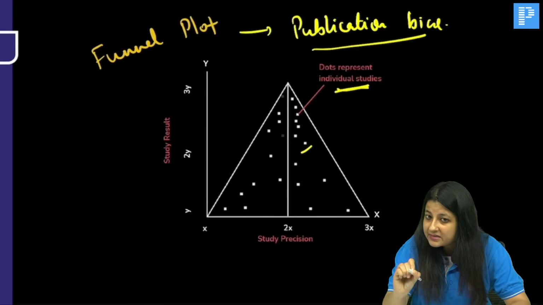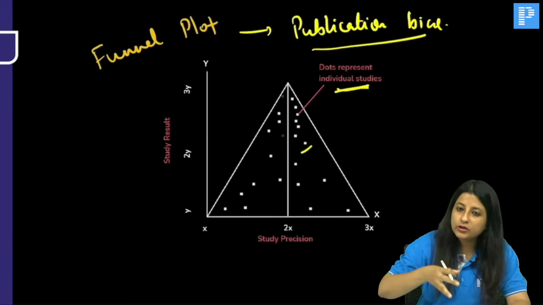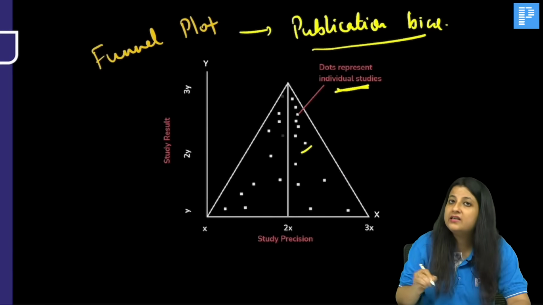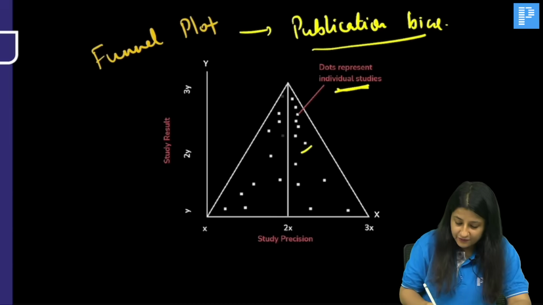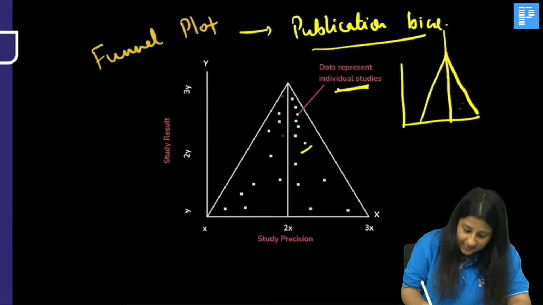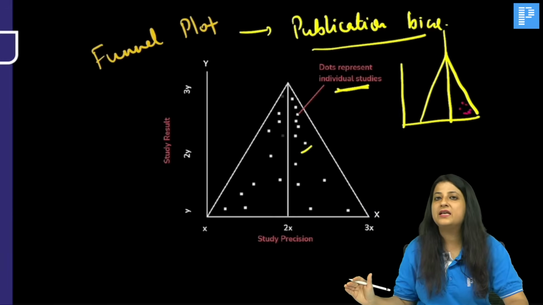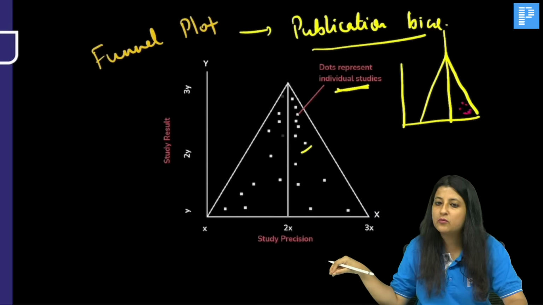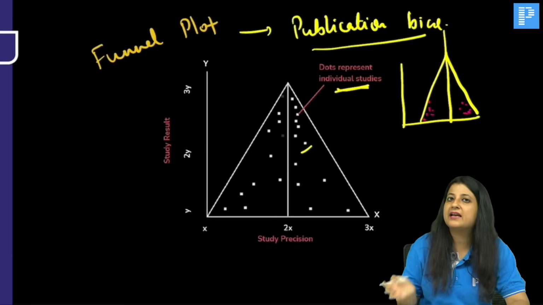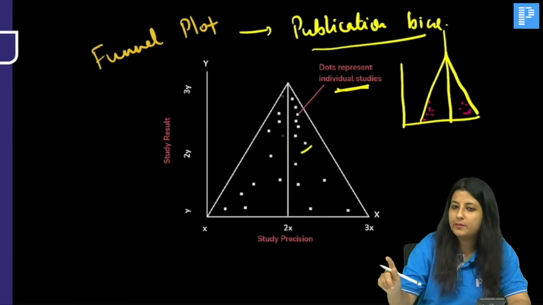In your systematic reviews or meta-analysis, you should pick up articles that have both positive as well as negative findings. So if the dots are scattered, no publication bias. If they give you an image where the dots are clustered towards the right-hand side, that means publication bias is present. They are promoting positive findings. If the dots are on the left-hand side, that side is promoted. So publication bias present. Just remember, if the dots are scattered, no publication bias.